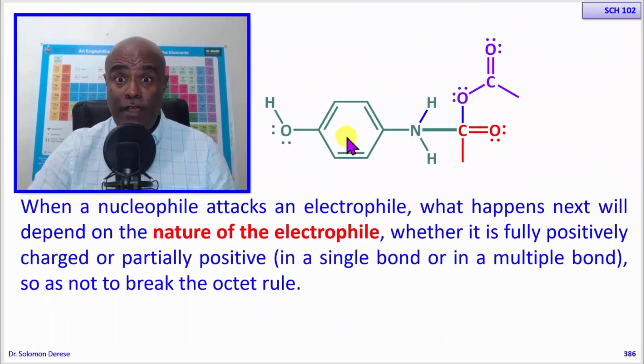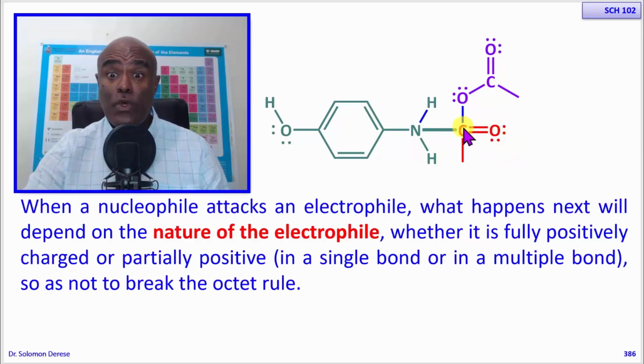So when a nucleophile attacks an electrophile and forms a bond with it, what happens next will depend on the nature of the electrophile, so as to not violate the octet rule. It will depend on whether it is positively charged or partially positively charged.